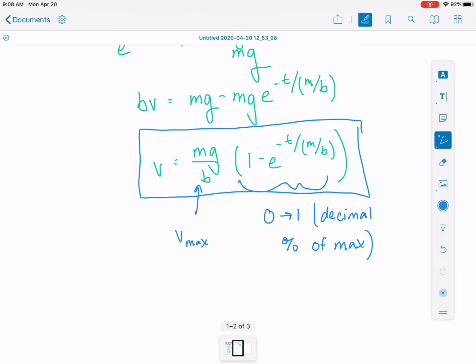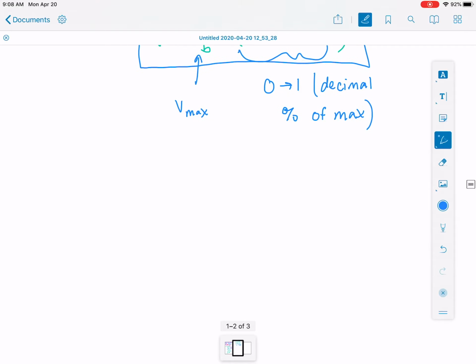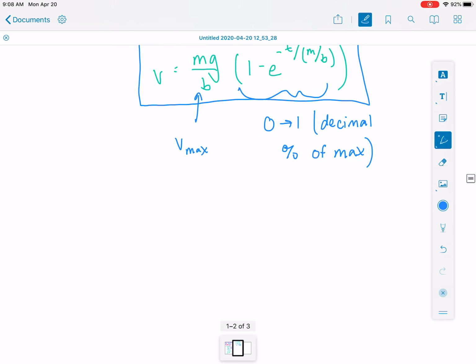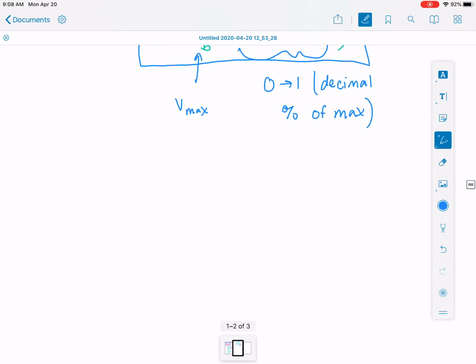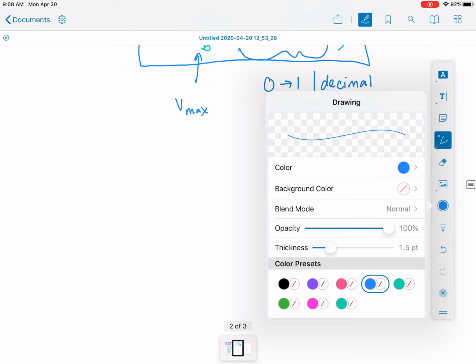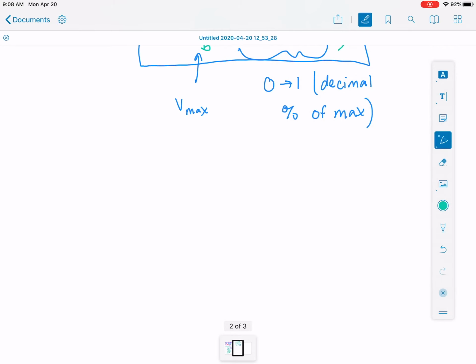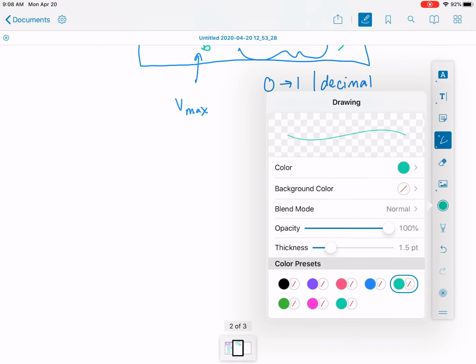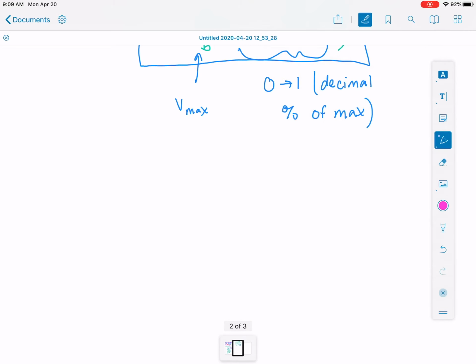So if we want to plot this to hopefully make it make more sense, I'm going to rewrite this. Let's go pink. Let's say that our velocity as a function of time, we know is going to equal mg over b times 1 minus e to the negative t over tau.